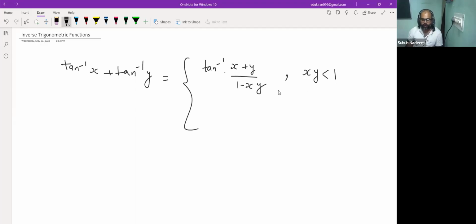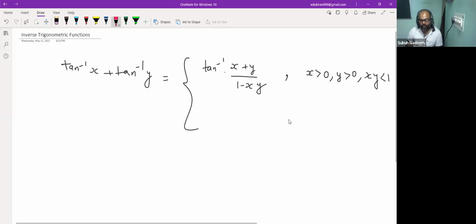So this is if xy is less than 1. That is, we are taking x positive, y positive, and xy is less than 1.